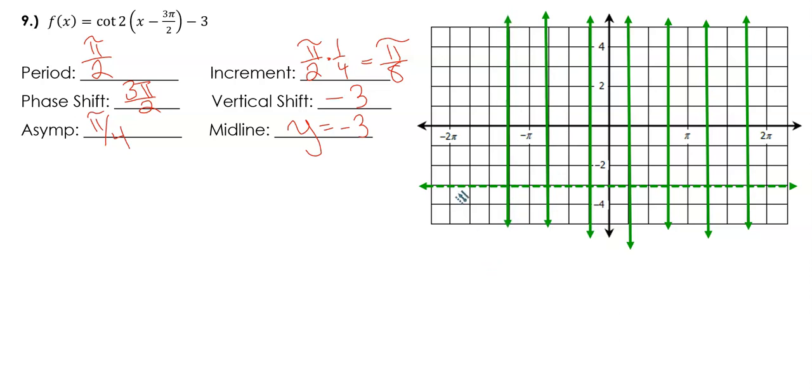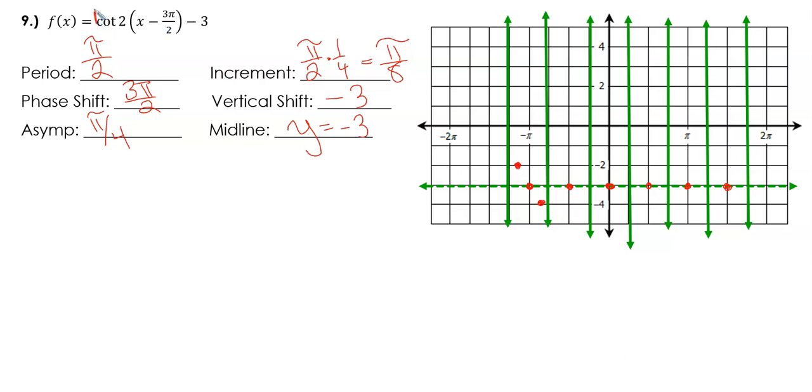Now, I know that for cotangent, the midpoint between the two asymptotes on the midline is going to be that center midline point. Then halfway between here, my cotangent is positive, so we're going to go here and here.